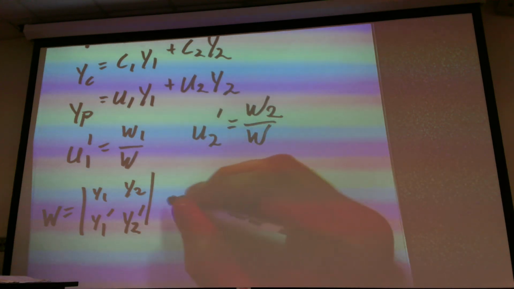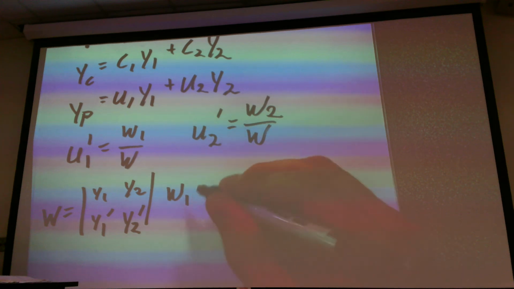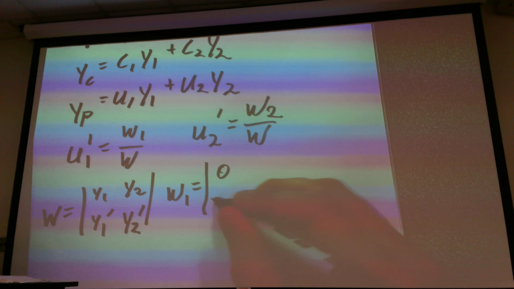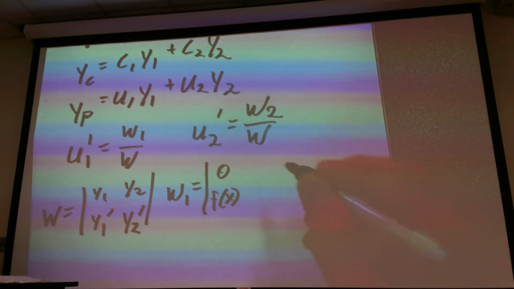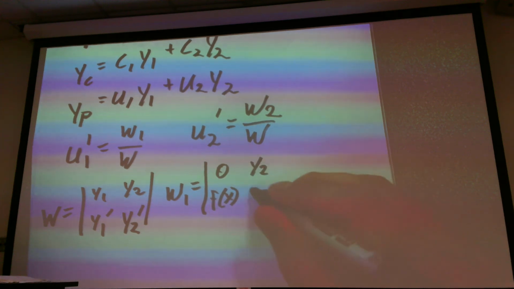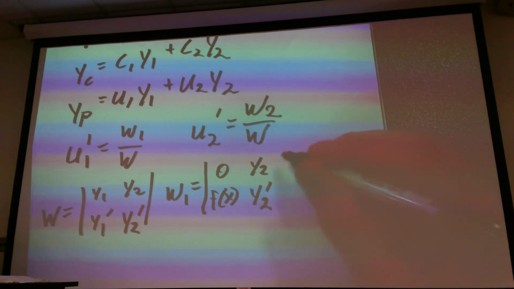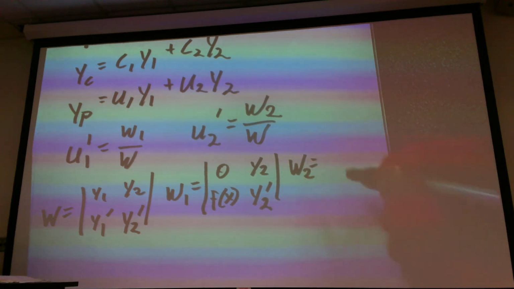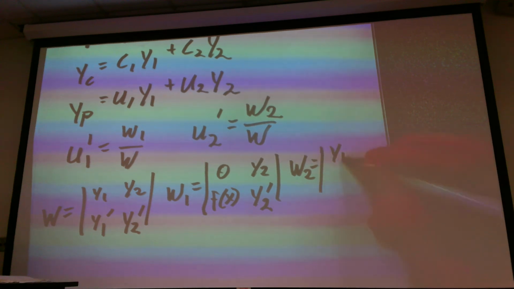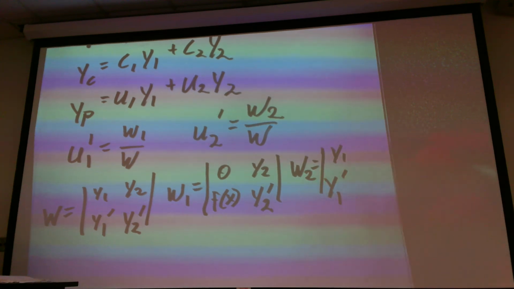And w1 will equal 0, f of x, y2, y2 prime, and w2 is going to equal y1, y1 prime, 0, f of x.